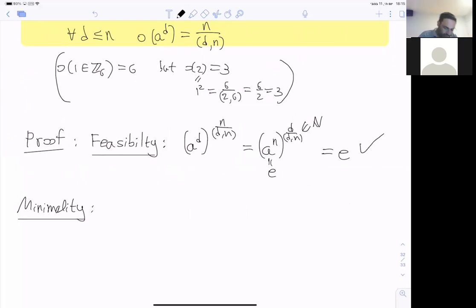So suppose that you have some t such that you get to e. So we need to show, what do we need to show?